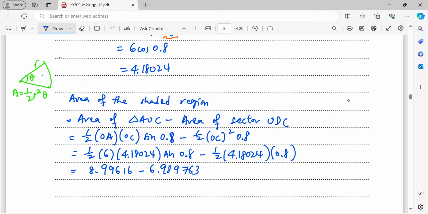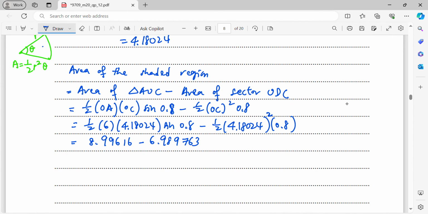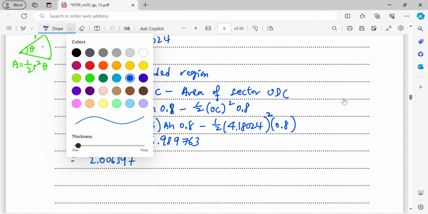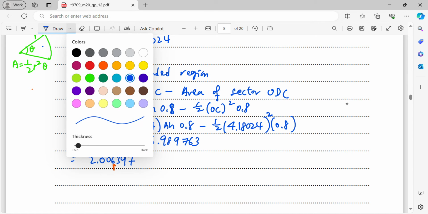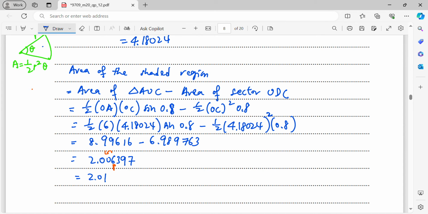Okay, half r squared, so OC squared. Then from here you will be getting 2.006397. Now to get the answer correct to 3 significant figures, look at the fourth one. The fourth one is 6, so you round up. Therefore, I will be getting 2.01. So that is the area of the shaded region.